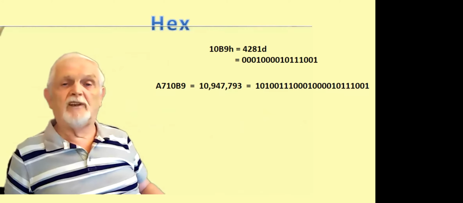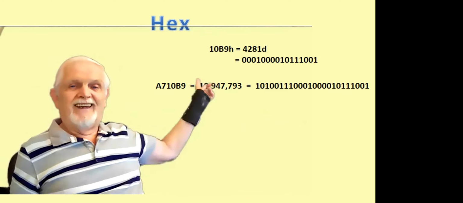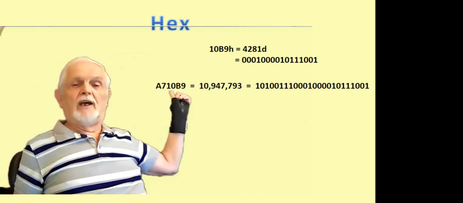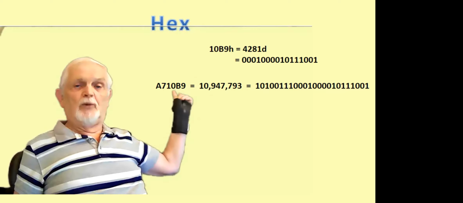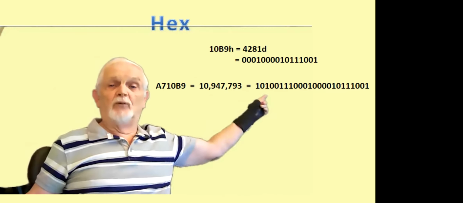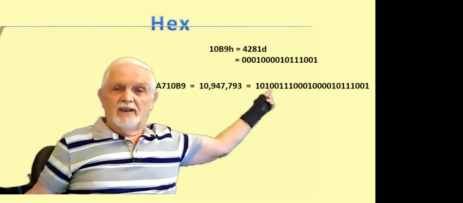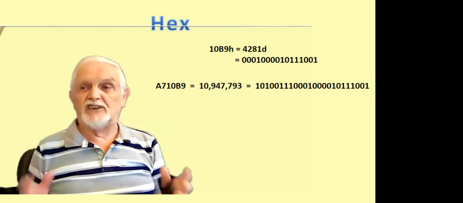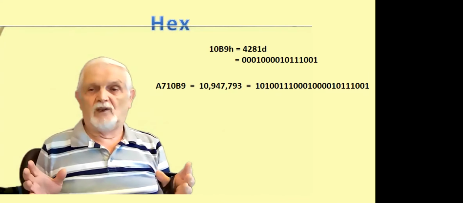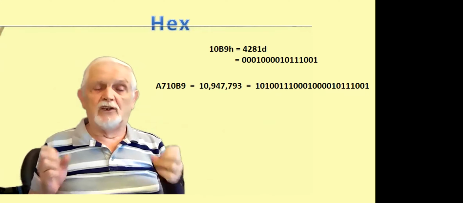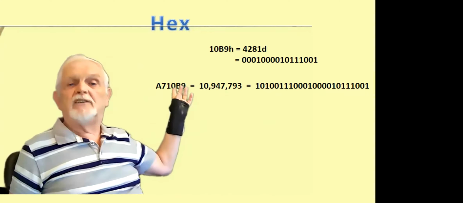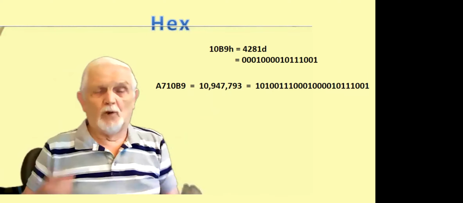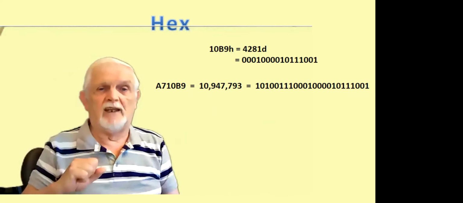So when we're dealing with large numbers, hex even beats decimal. It's a shorthand way of saying that's what's in the real world. Then the ones and zeros on the right are what you're actually really handling. But you can talk about them in terms of hex to make it a lot easier to understand. Hope you get that idea.